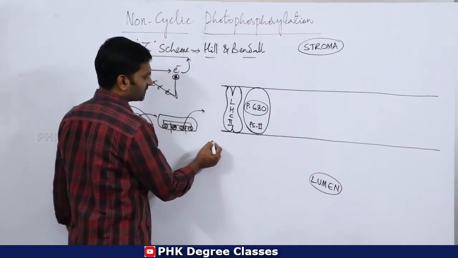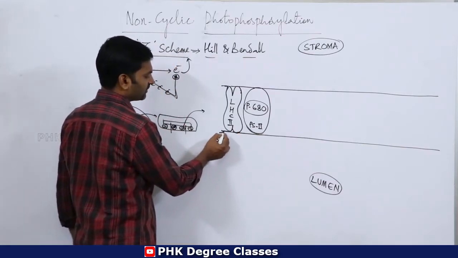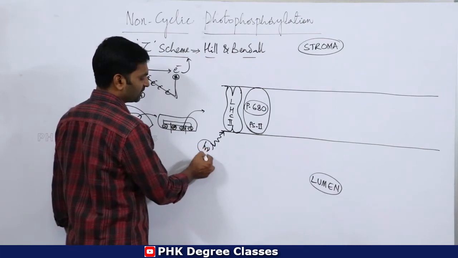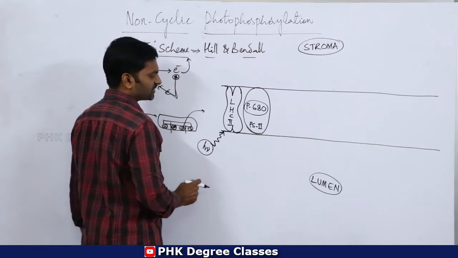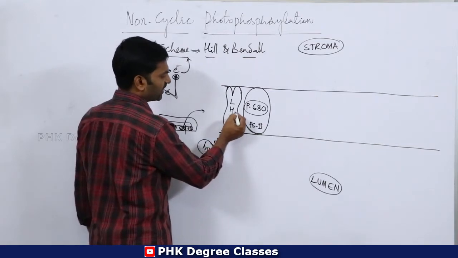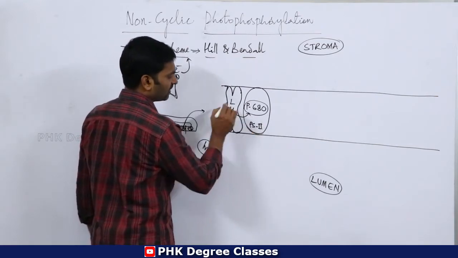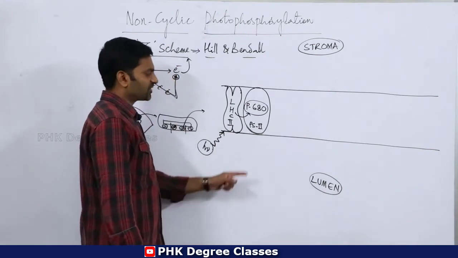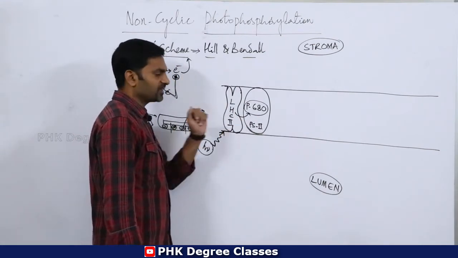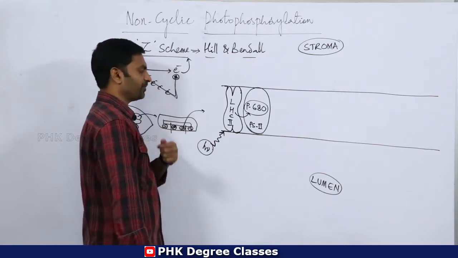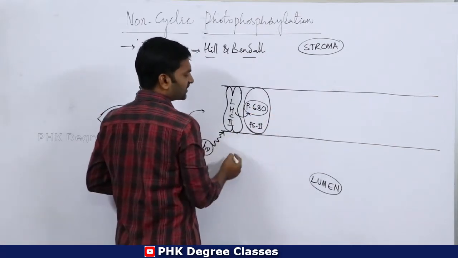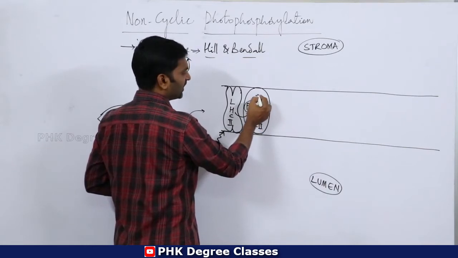Then it receives sunlight, that is h nu. So h nu stands for sunlight. Whenever it receives sunlight, the sunlight reaches the reaction center of this entire complex, that is P680, that is a chlorophyll a molecule. Then it will be in an excited condition and it loses an electron.